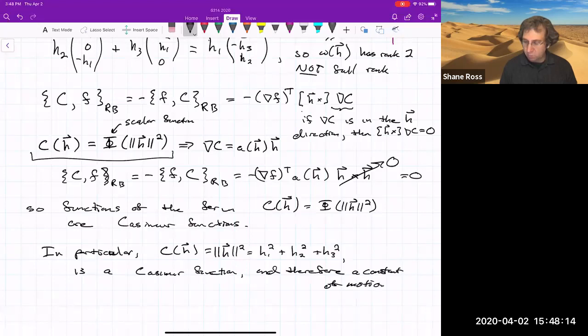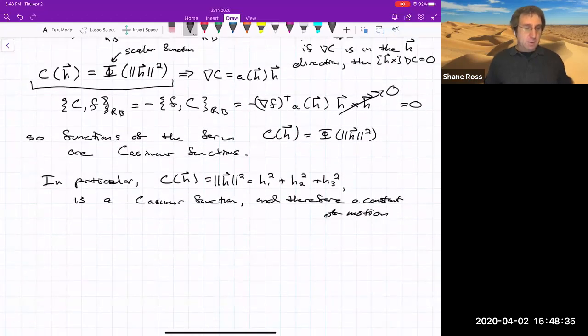Now, does this take away from the physical interpretation that we have a free rigid body? If there's no moments on it, then the magnitude of the angular momentum is constant. No, this doesn't take away from that. It's just another point of view.